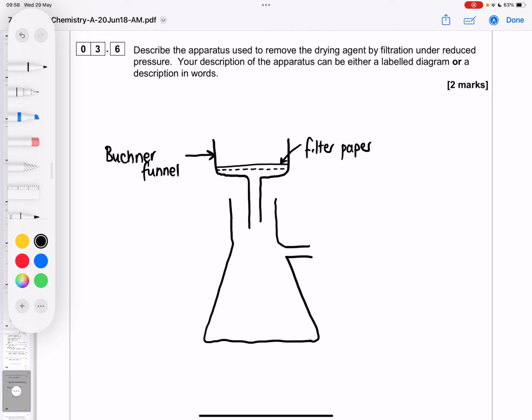And right now, if this went to a pump, nothing would happen because there's a big opening at the top. So we need to put some sort of bung in around our funnel. There. Not trapping off this opening here. It needs to stay open. Yeah, so no gaps there. And this is our flask.